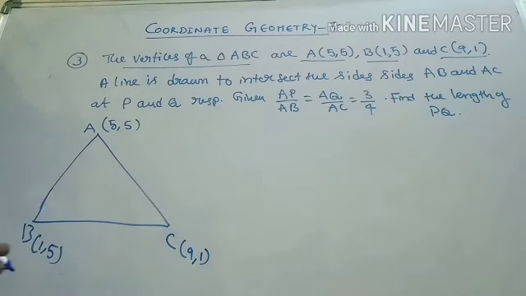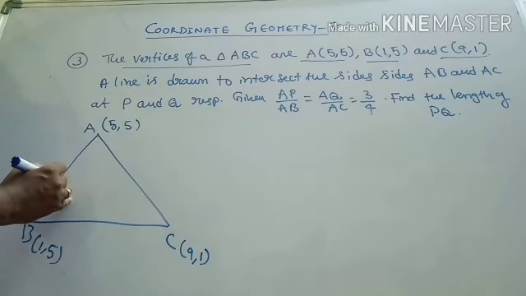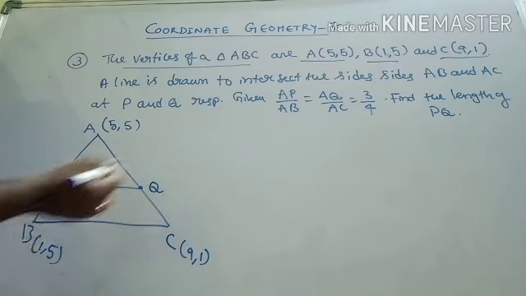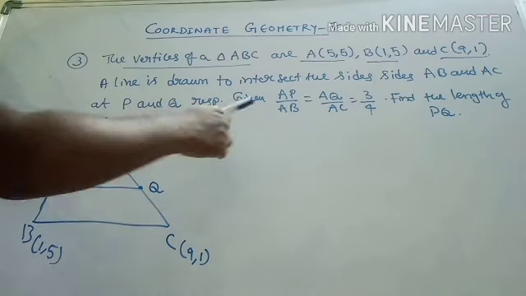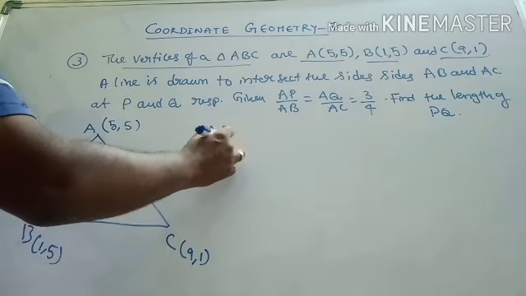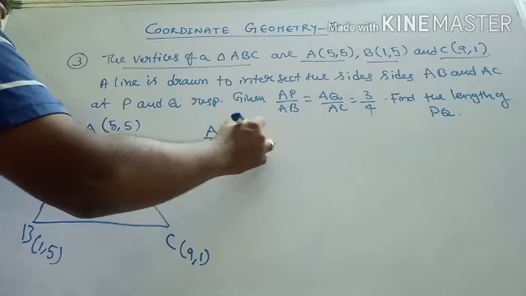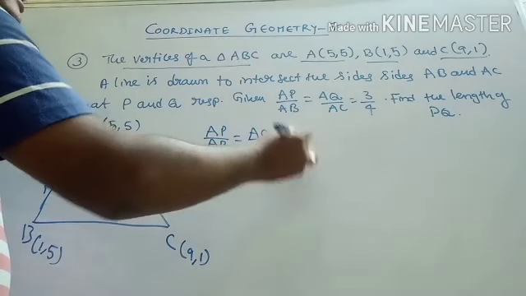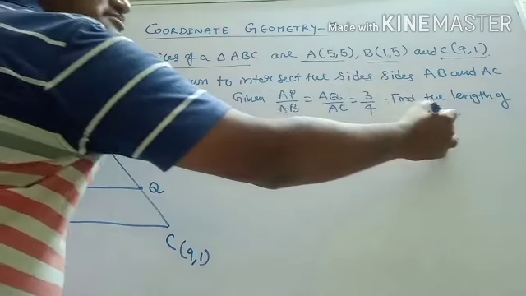A line is drawn to intersect the sides AB and AC at P and Q. AB intersects at P, and AC intersects at Q. They have given that AP by AB is equal to AQ by AC is equal to 3 by 4. Now we need to find the length of PQ.